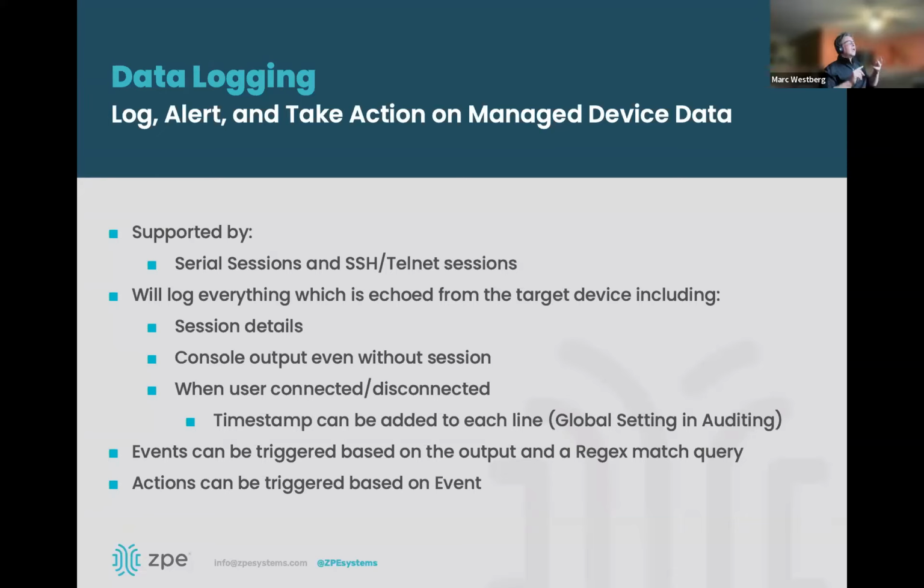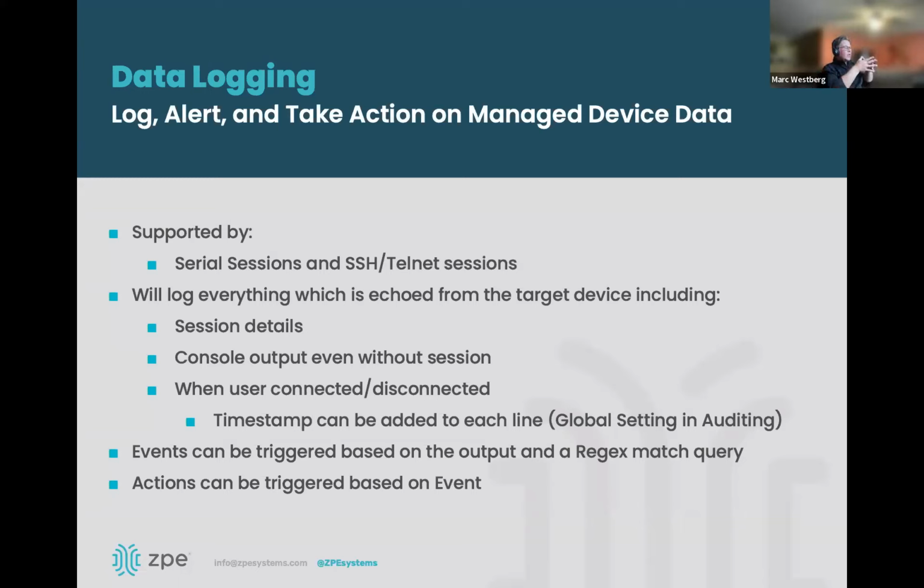So now, if a device is having an issue or if something happens, we can take that event information and output it to an email, put it to a syslog server, and then alert on that.